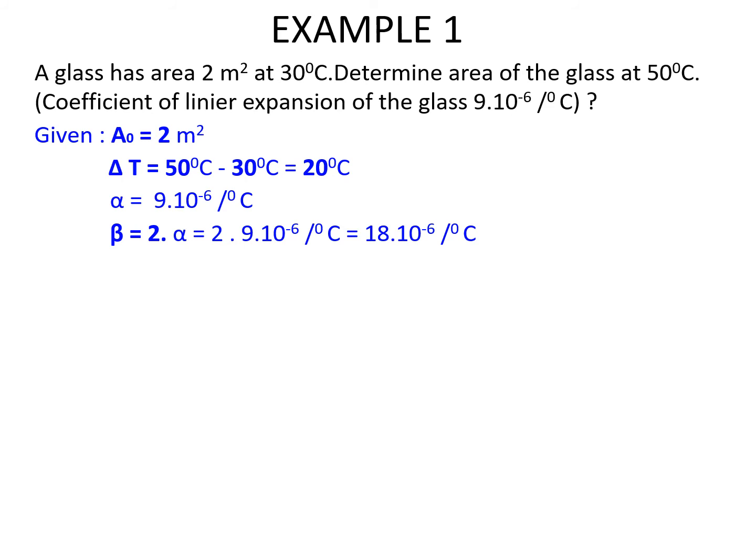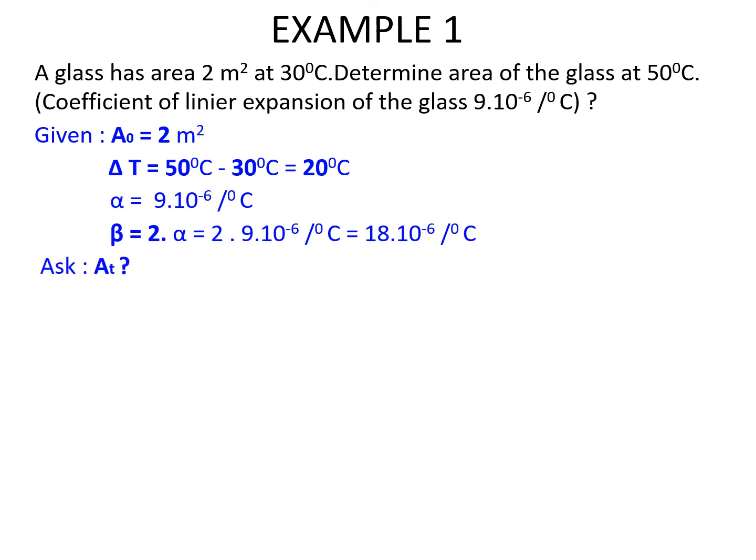Because we talk about area expansion, we need beta. Because beta equals 2 times alpha, so beta equals 2 times 9 times 10 to the power of minus 6 per degree Celsius. So magnitude of beta equals 18 times 10 to the power of minus 6 per degree Celsius.